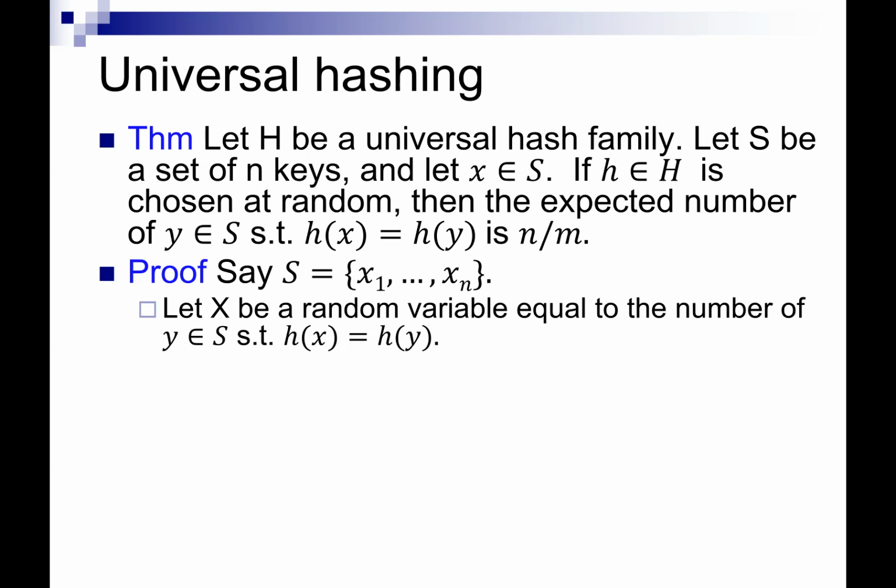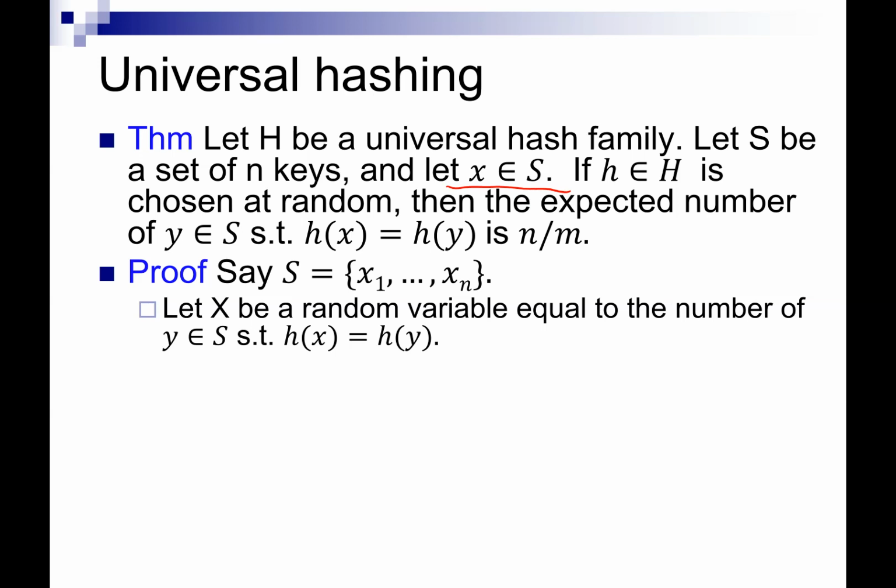The first property we're going to show is that if you have a universal hash family, and you have a set of n keys, and you pick an element x from your keys, then if I select a random hash function, the expected number of other keys from your set S that collide with this fixed key x is n divided by m.